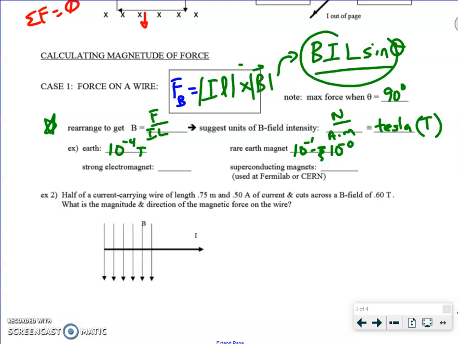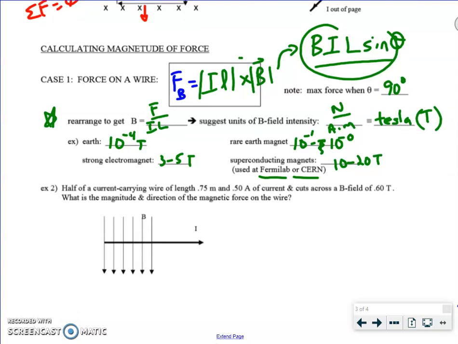Really strong electromagnets like you find in an MRI machine or in other industrial uses, maybe 3 to 5 Tesla. And then if you get the strongest magnets that you can possibly get, which are used for turning high energy particles, you're only approaching 10 to 20 Tesla. So a Tesla is a very, very, very strong unit of magnetic field, and most of the magnets we encounter are much less than that.